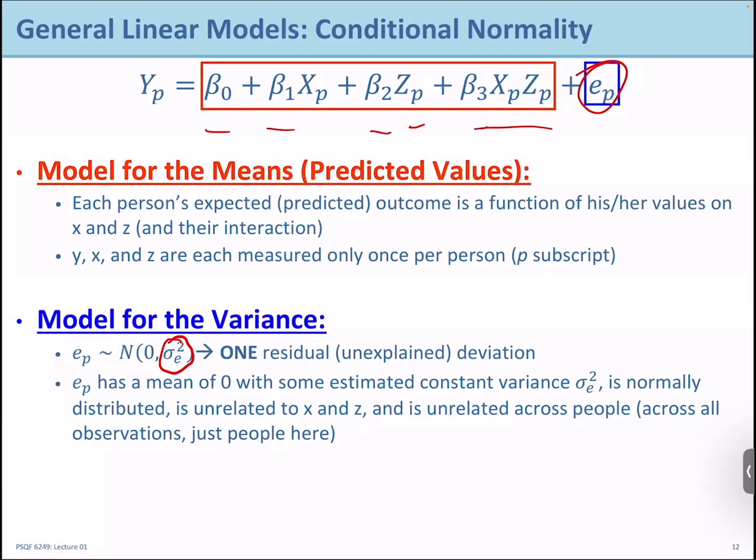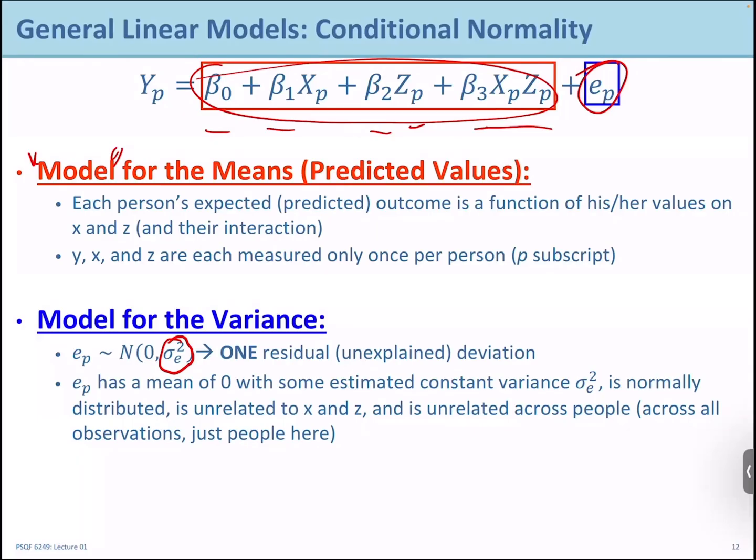I'll make one other note. What does it mean for the word model? I'll put it in quotes, right? A model shows up in the mean because all of these terms describe what its mean is. Basically, we're saying we're going to estimate its mean, but it's a function of X and Z and their interaction. Same thing with the variance.